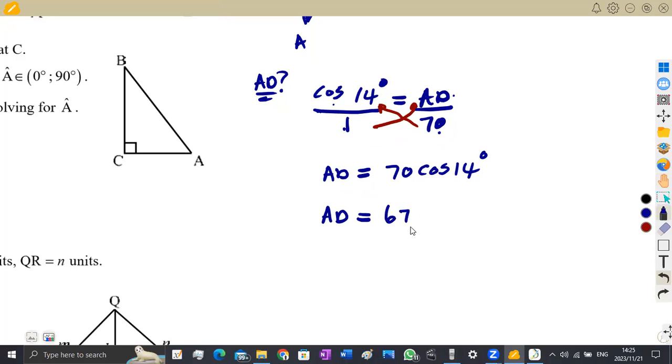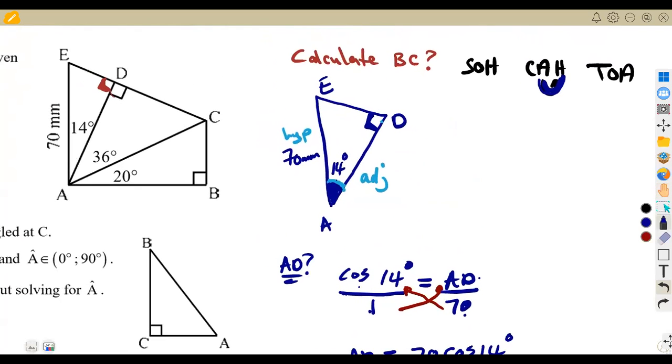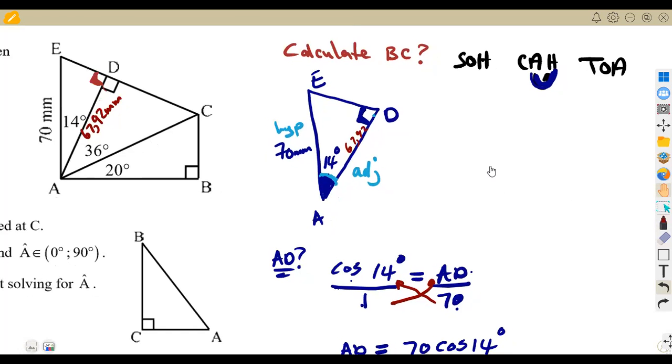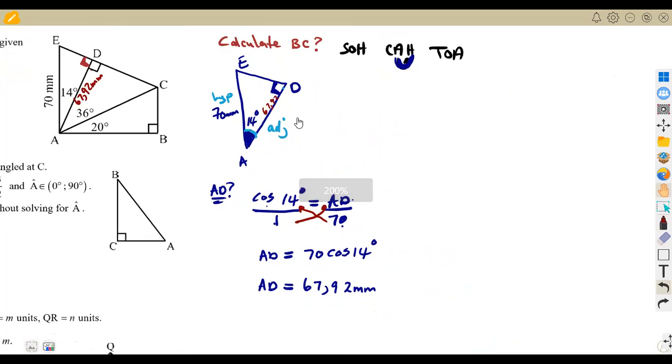So this is 67,92 millimeters, okay? Having this length 67,92 can help us, because this side here is 67,92 millimeters.